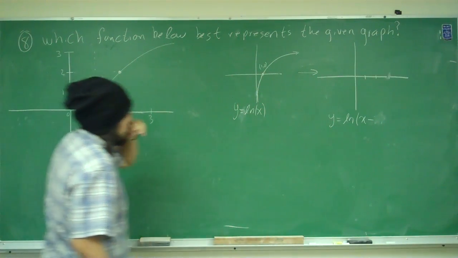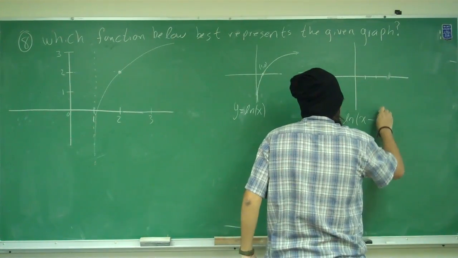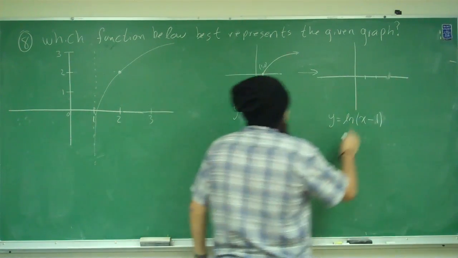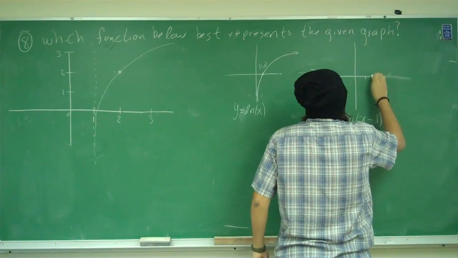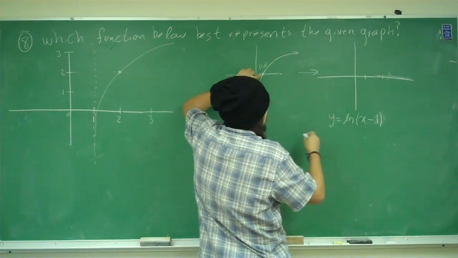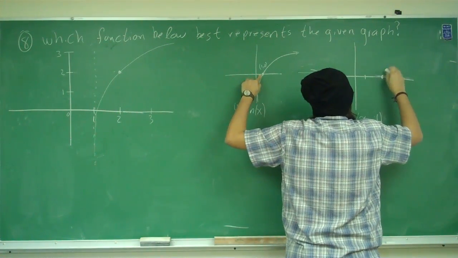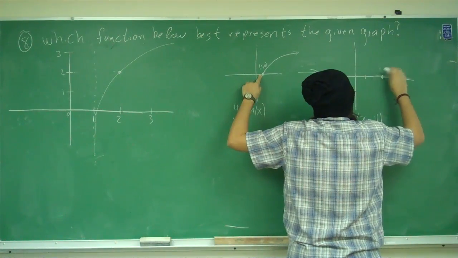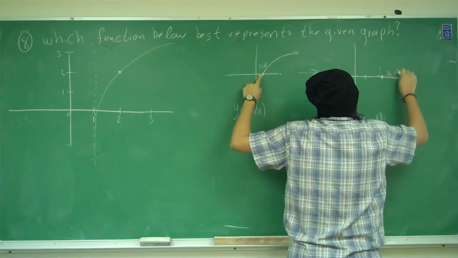And then we have to shift it up. That's x minus 1. So there it is. It was originally here at (1, 0). Now we want that point here at (2, 0). So our point here now is (2, 0).